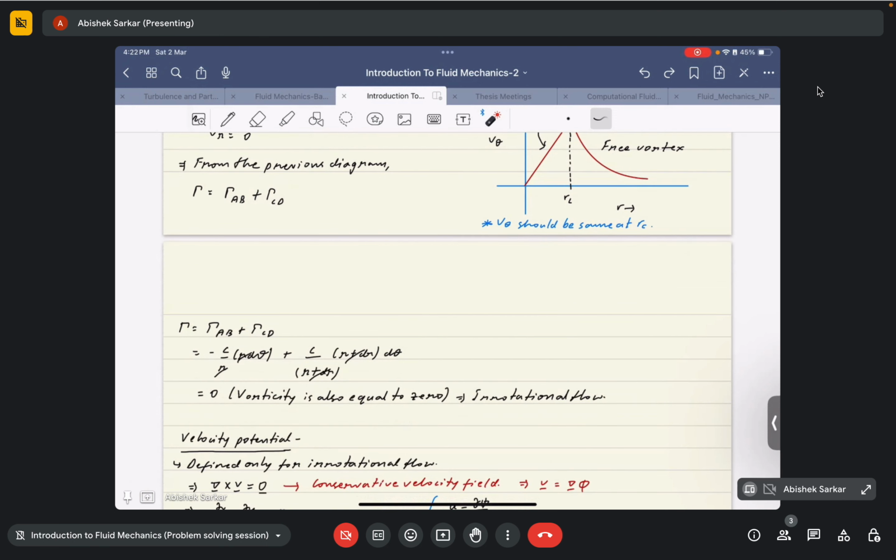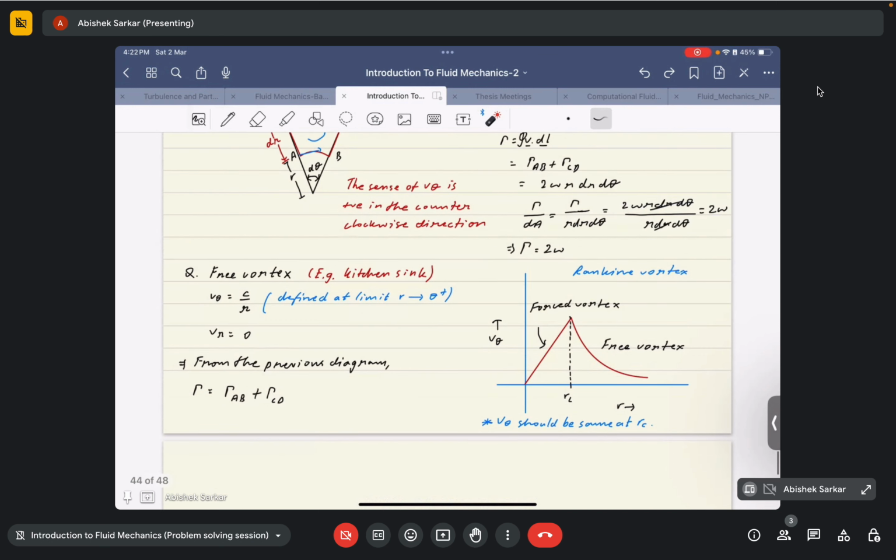Or basically, it concludes that the free vortex is irrotational. But the forced vortex has a finite value of circulation, and that's why it has a finite value of vorticity, and the vorticity in the case of a forced vortex is thus non-zero.